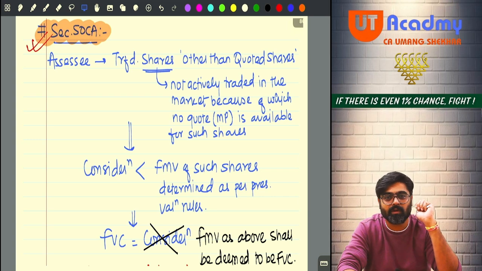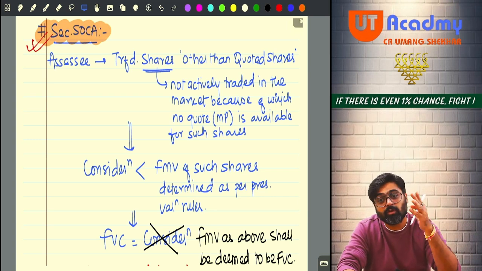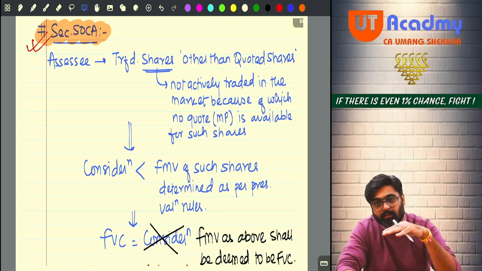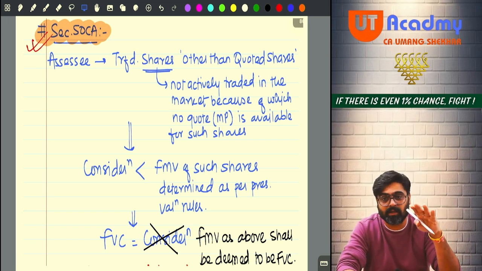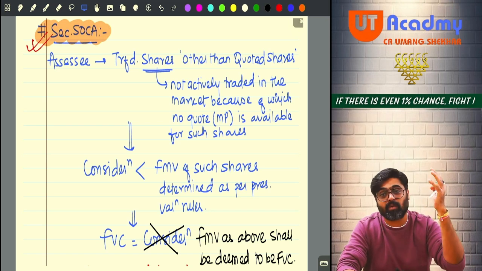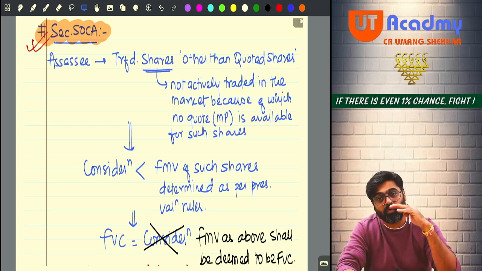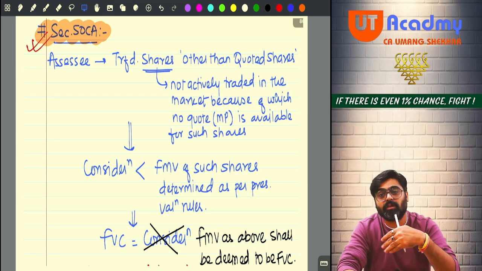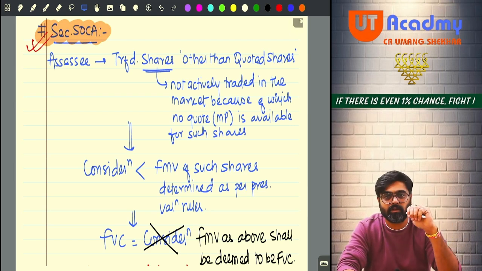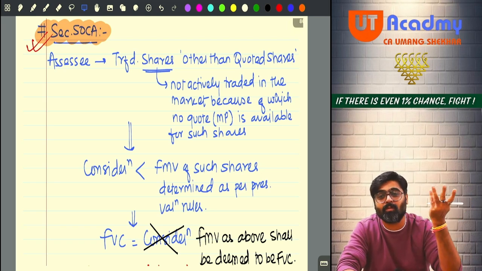Getting my point? So this used to happen earlier, that whenever the assessee sold shares for which the market quote is not available, whatever price the assessee said he had recovered for these shares, the department had to accept it, because there was no market price available.